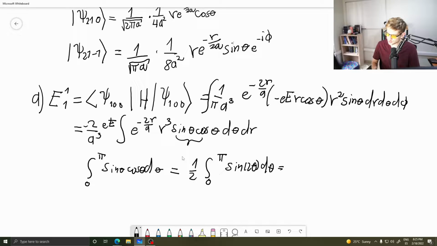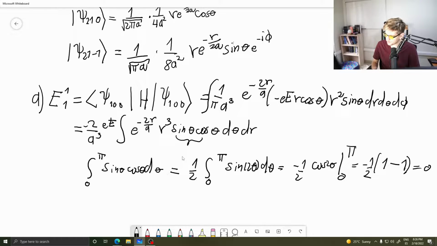And this is, of course, going to be minus 1/2 cosine of 2 theta, evaluated between 0 and pi, which is going to be minus 1/2 times, it's going to be 1 minus 1.